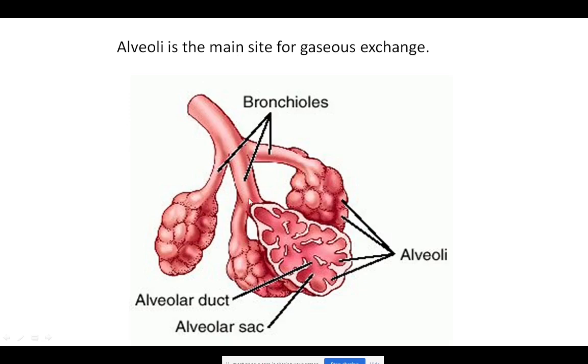This is the respiratory bronchiole, and this is the alveolar duct.